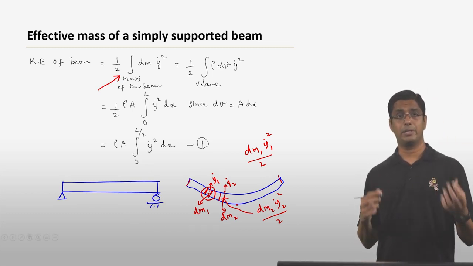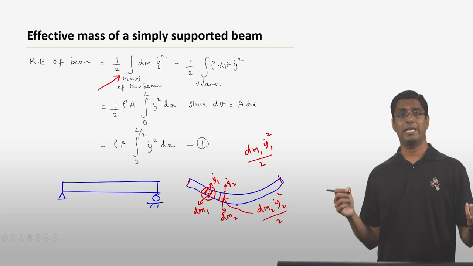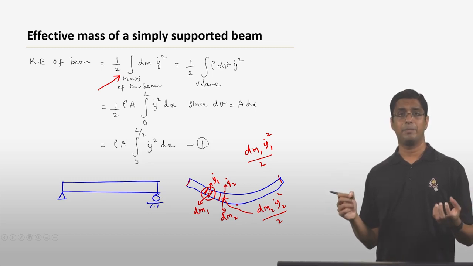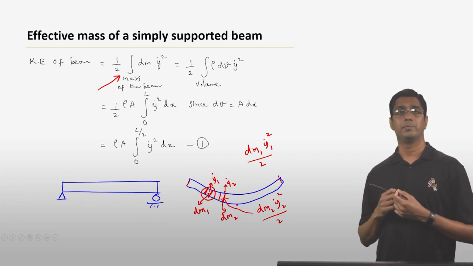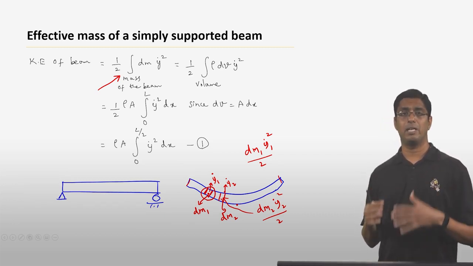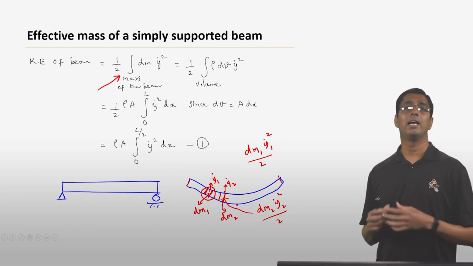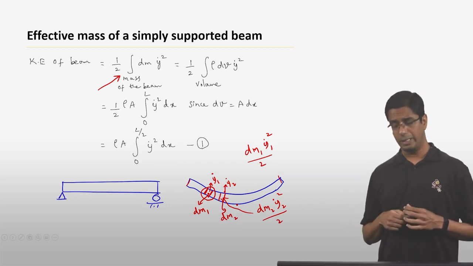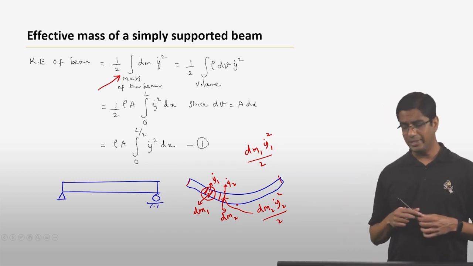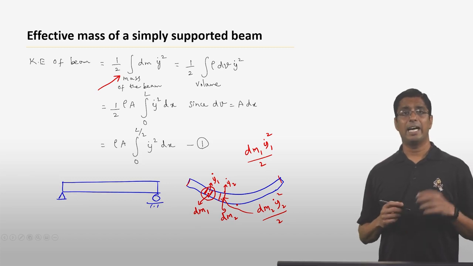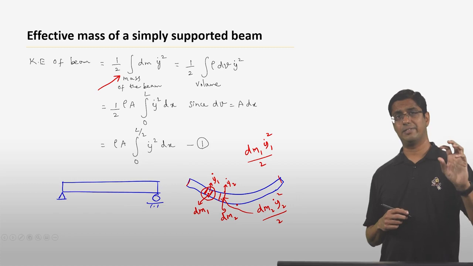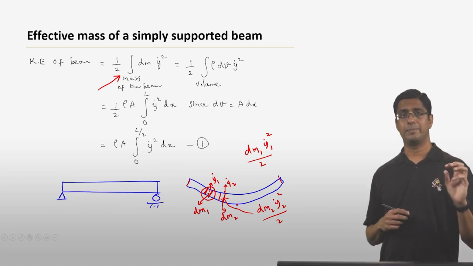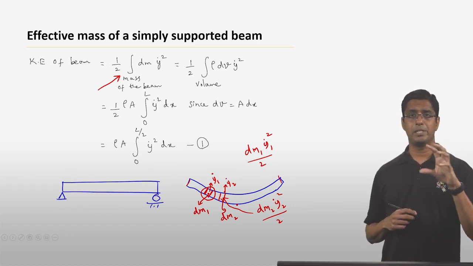So essentially you are taking dm and multiplying it by the particular velocity at that point, which is y dot, you square that and divide by 2. And you do this for every small infinitesimal mass within the beam, and that's how you get the kinetic energy of the beam. Now, this dm can be written in a slightly different way. I can say that this dm is the mass density of the beam, rho, multiplied by an extremely small volume.